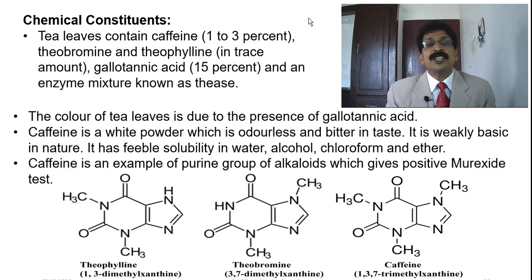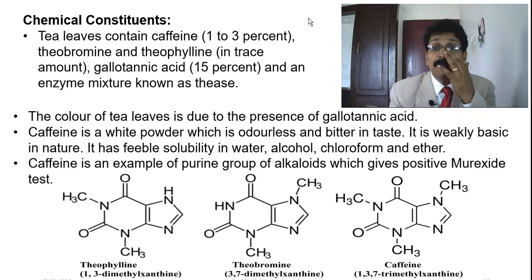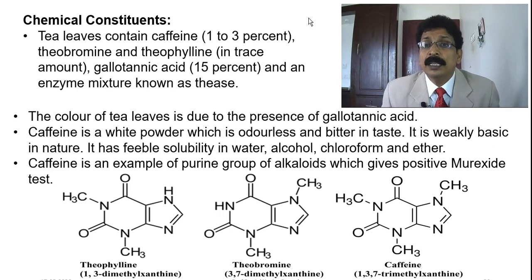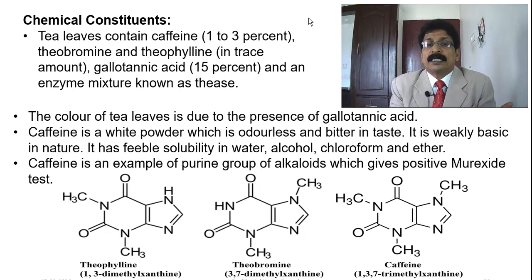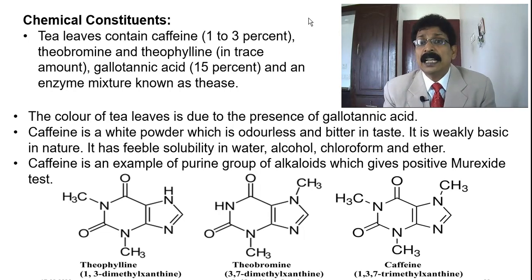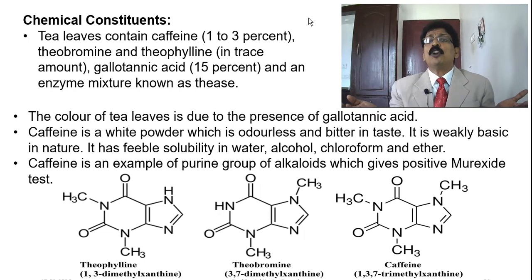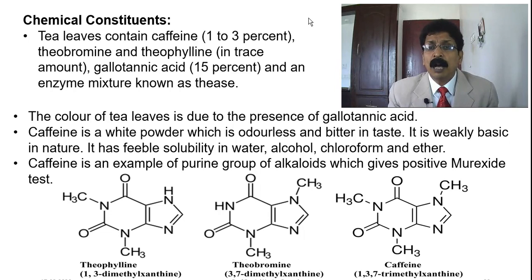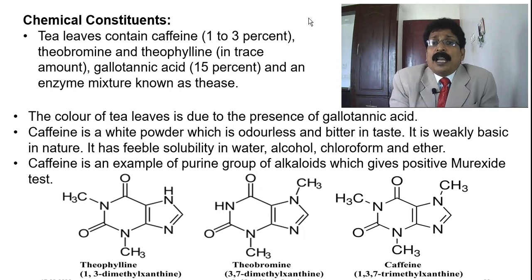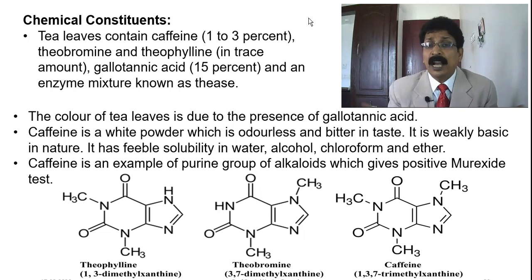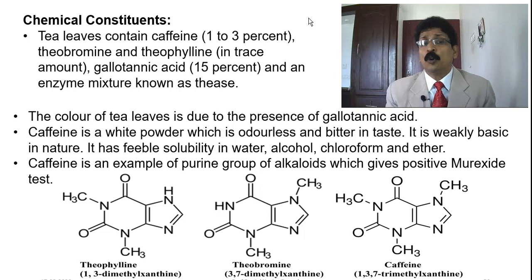The chemical constituent present is caffeine, as you know that caffeine is present in tea, and you can see the structure, very simple for you to remember. They are purine derivative chemical structures. Caffeine is a xanthine derivative. Purine means one 5-membered ring and one 6-membered ring, and the 6-membered ring has 2 nitrogens, and the 5-membered ring also has 2 nitrogens.